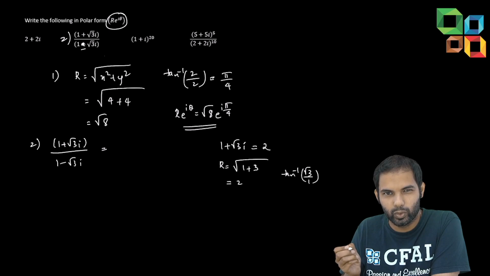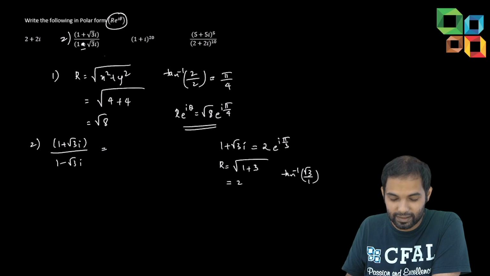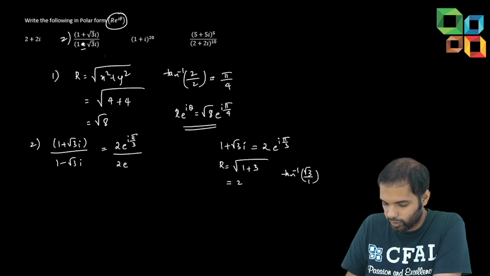What angle gives you root 3? Pi by 6 is 30 degrees. Pi by 3, 60 degrees. So it is e power i pi by 3. Now, the numerator is nothing but 2 e power i pi by 3. Without even calculating, I can write the denominator as 2 e power minus i pi by 3.